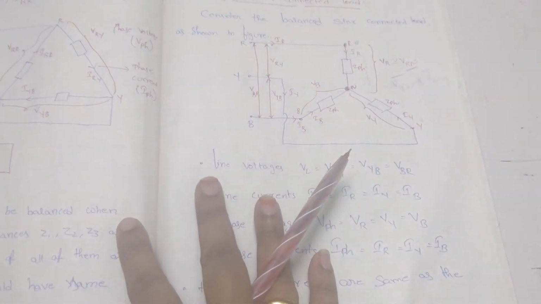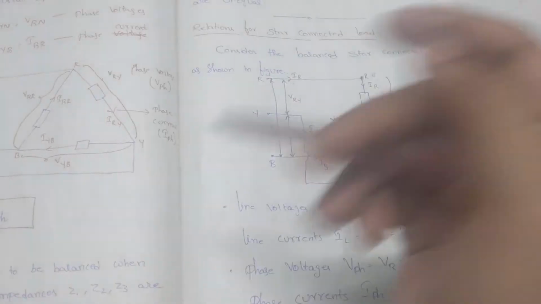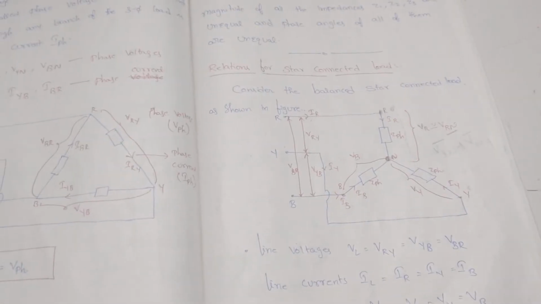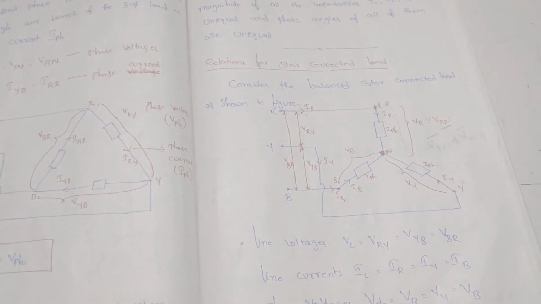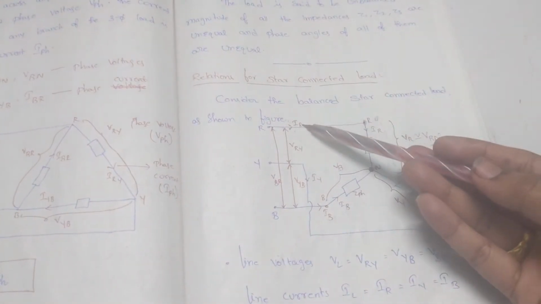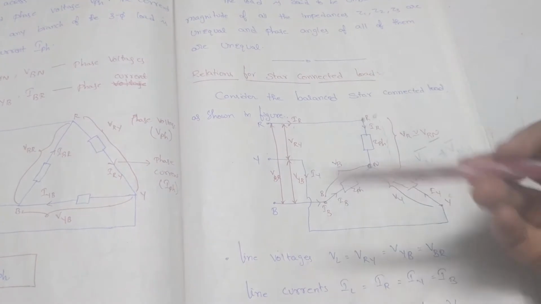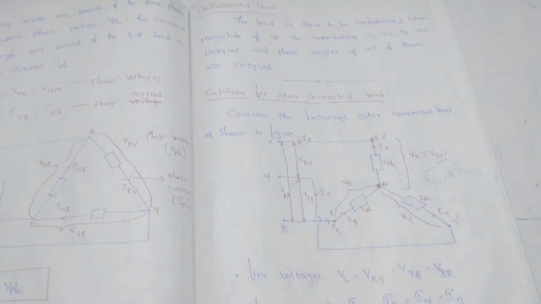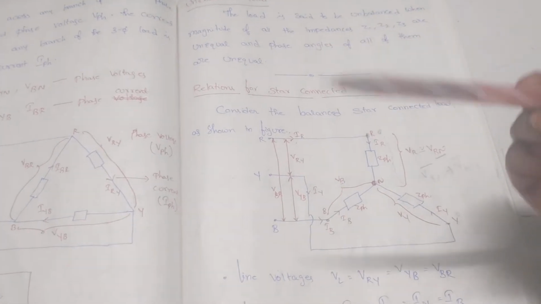Now we are switching to the voltages. I am considering two terminals, R and Y. Between these two phases, the voltage is VRY.